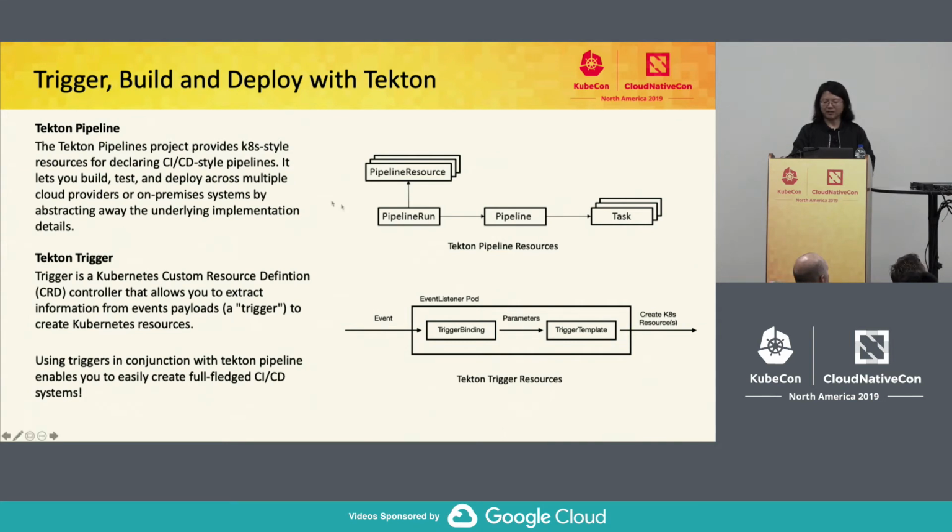And a pipeline is a sequence of tasks, with parameters and resources used as input and output of the tasks. And Tekton Trigger defines some Kubernetes CRDs that allow you to extract information from an event payload, feed this payload to a pipeline template, and start that pipeline.